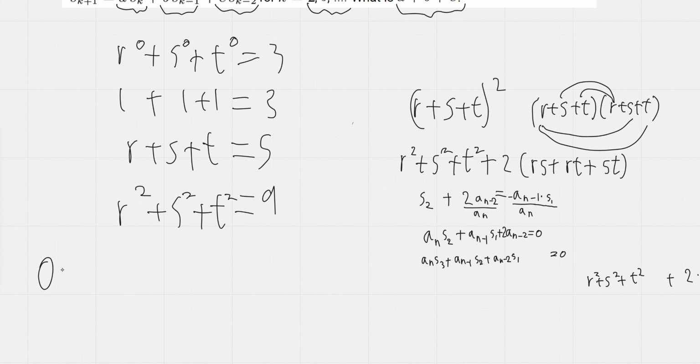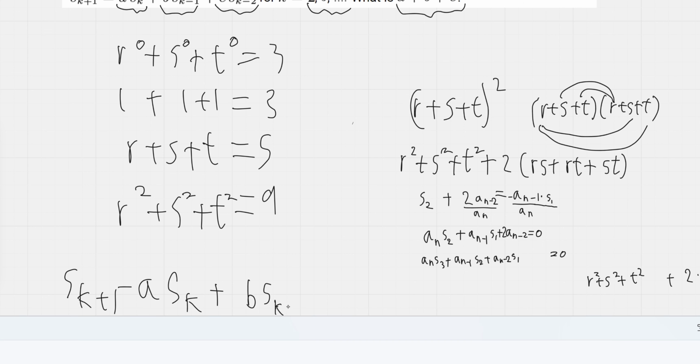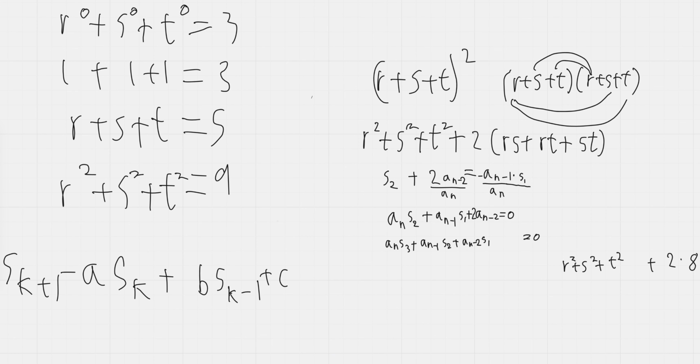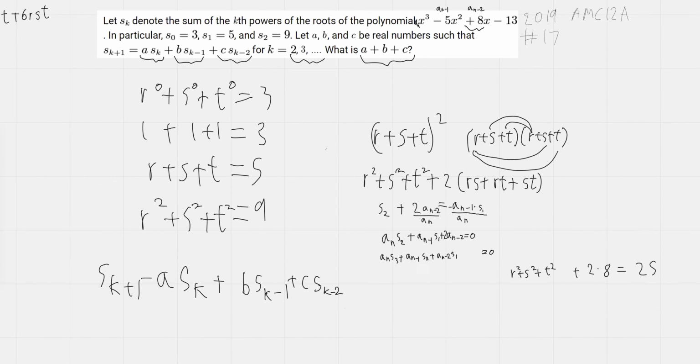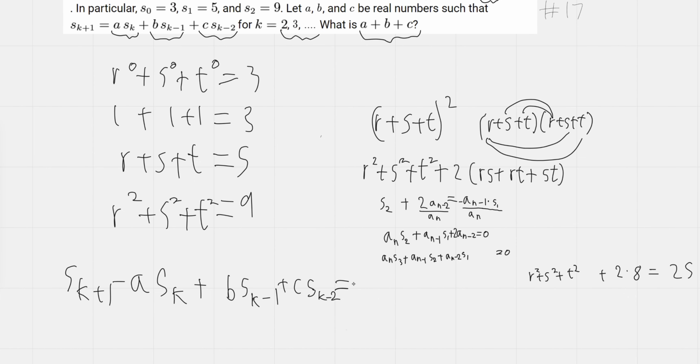We have s sub k plus 1 minus a s sub k plus b s sub k minus 1 plus c s sub k minus 2, and that's all equal to 0.